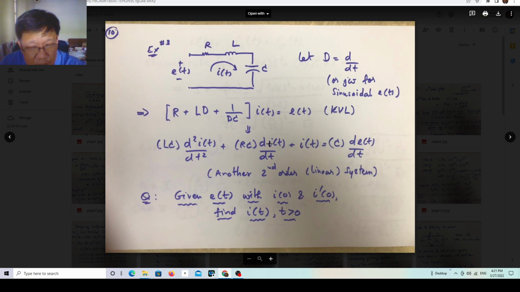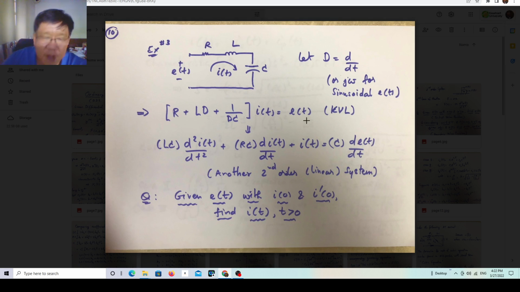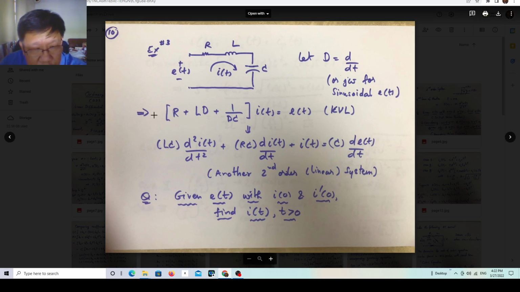The first term becomes the middle term, RC times di by dt. So the trick is only that you multiply both sides by the D operator times C, and then substitute d by dt.